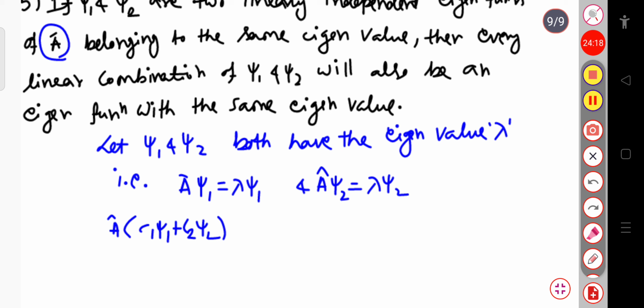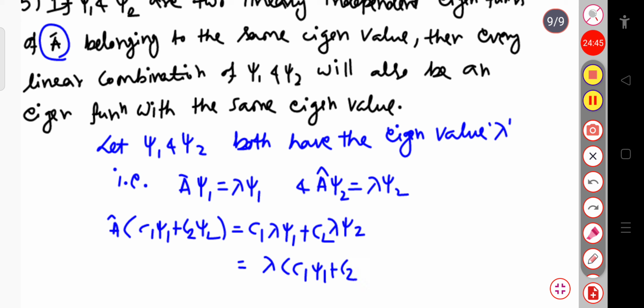Then this is equal to C1, and when A cap operates on psi 1, this will be lambda psi 1, plus C2, and when A cap operates on the state psi 2, it will give lambda psi 2. This can be written as lambda taking common, C1 psi 1 plus C2 psi 2, where C1 and C2 are arbitrary constants.